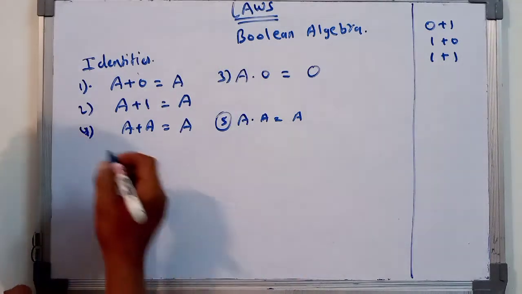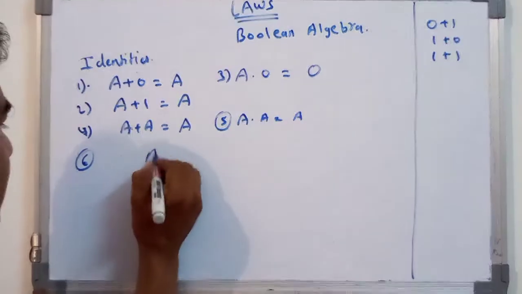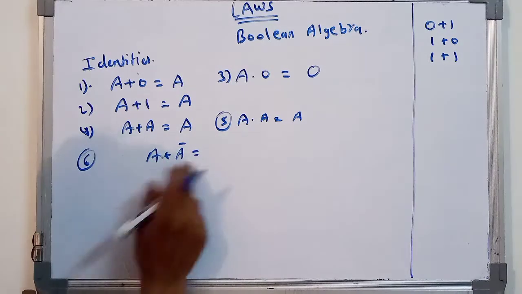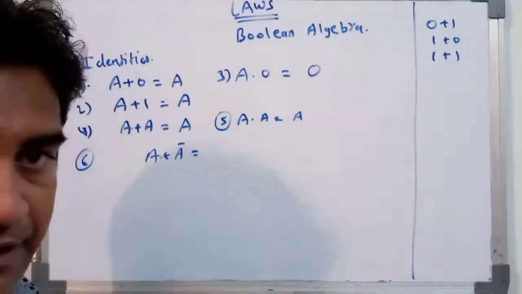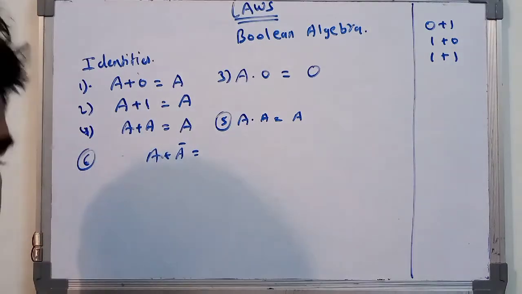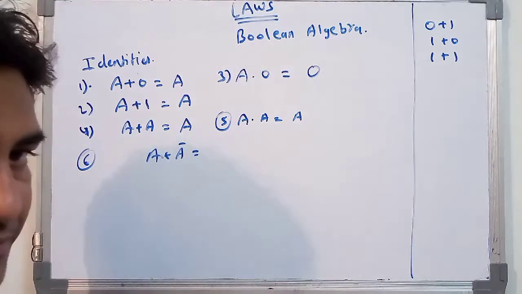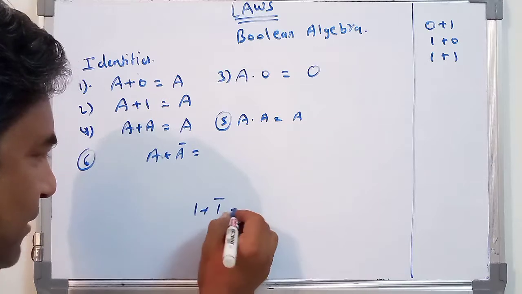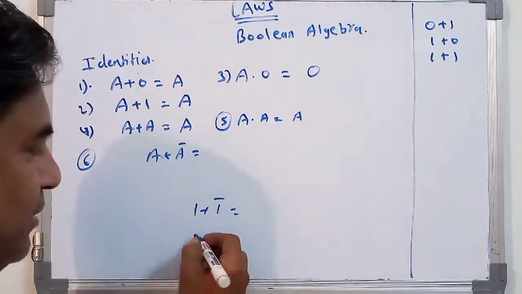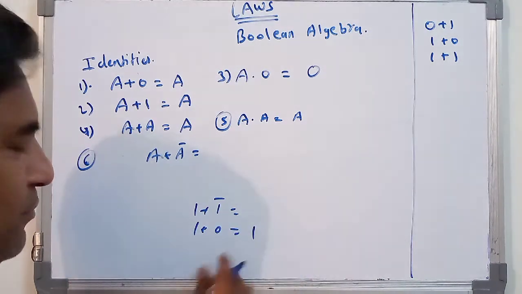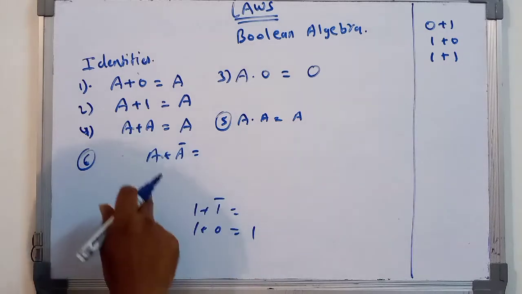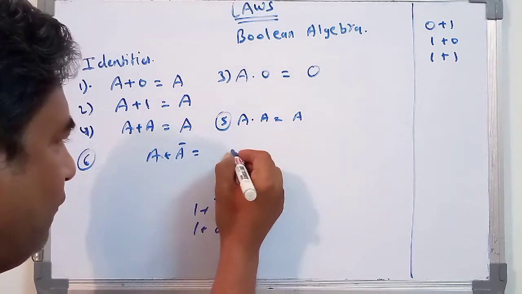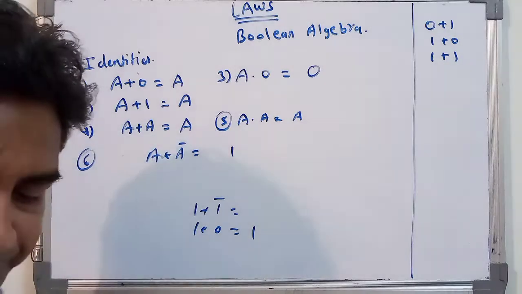Then the sixth identity is A plus A bar. Look carefully: if the A value is 1, then 1 plus 1 bar, that is 1 plus 0, is equal to 1, and that's why we may say A plus A bar is equal to 1.